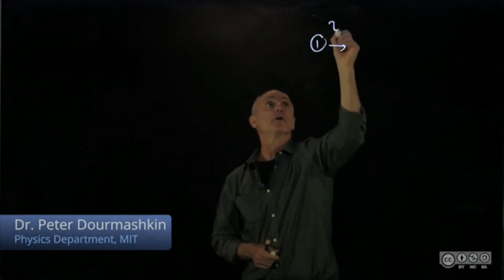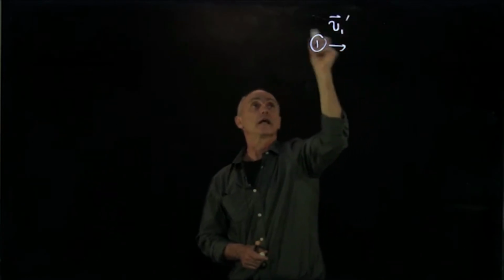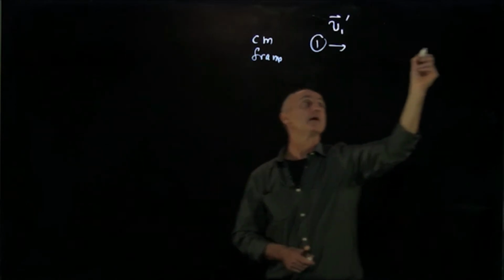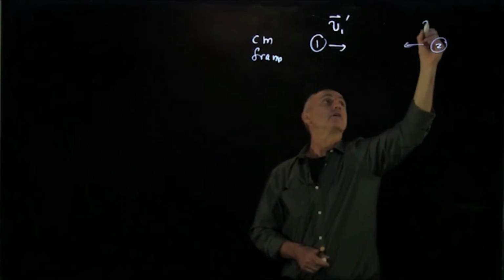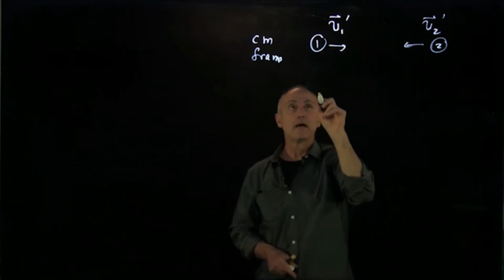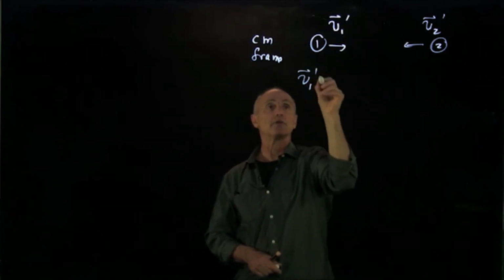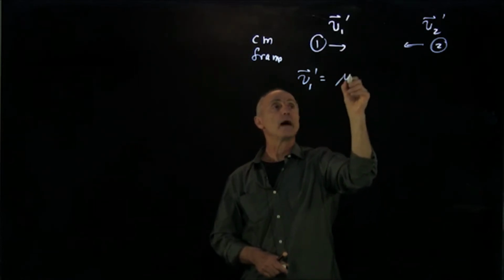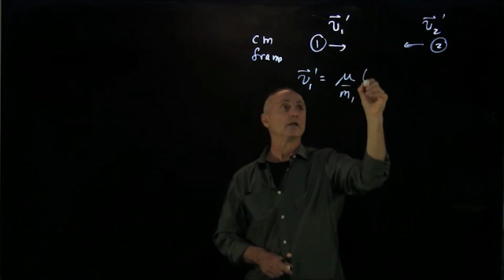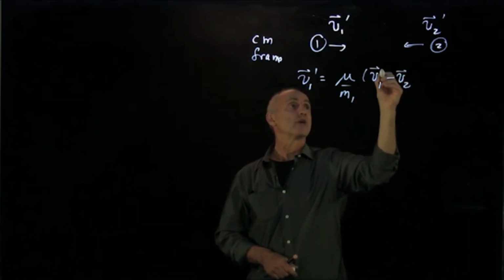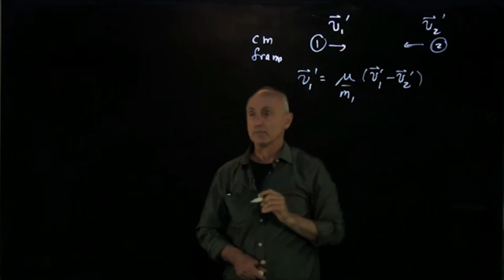Let's calculate the kinetic energy in the center of mass frame of two objects that are colliding. I'm going to use prime for the center of mass frame velocity. So we have v1 prime and we have v2 prime. And recall two things. When we calculated v1 prime in the center of mass frame, we found that this was equal to the reduced mass divided by m1 times the relative velocity of the two objects, v1 minus v2.